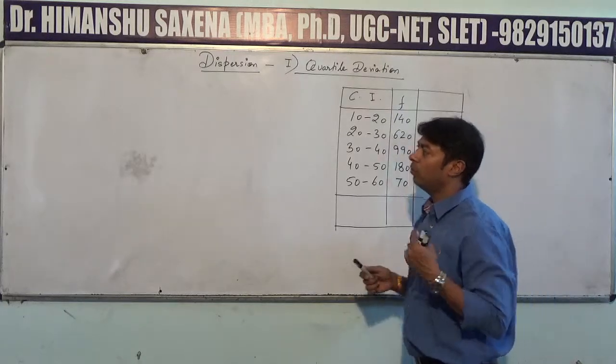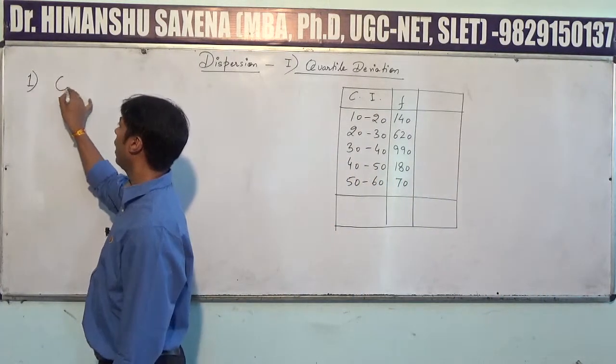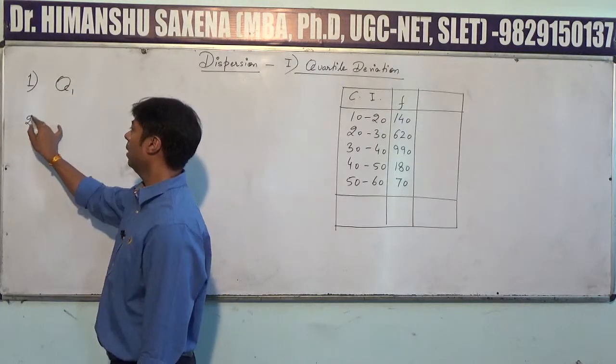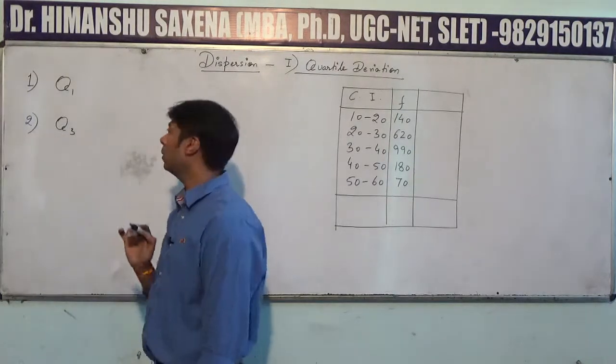Now in order to calculate the value of quartile deviation, we must know the value of Q1, that is first quartile, and next Q3, that is the third quartile.